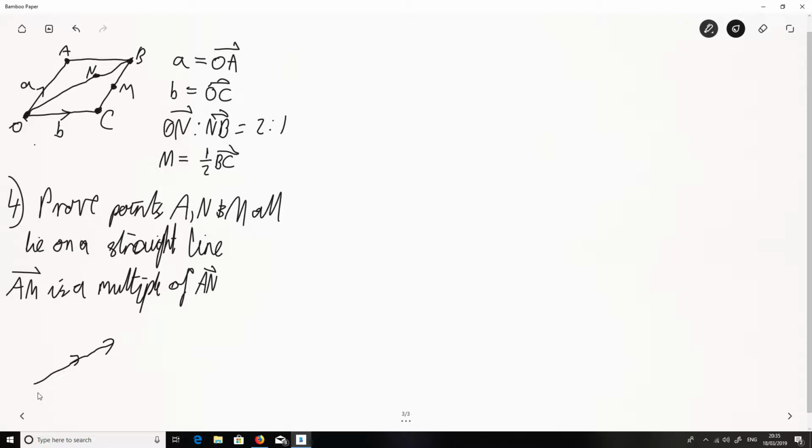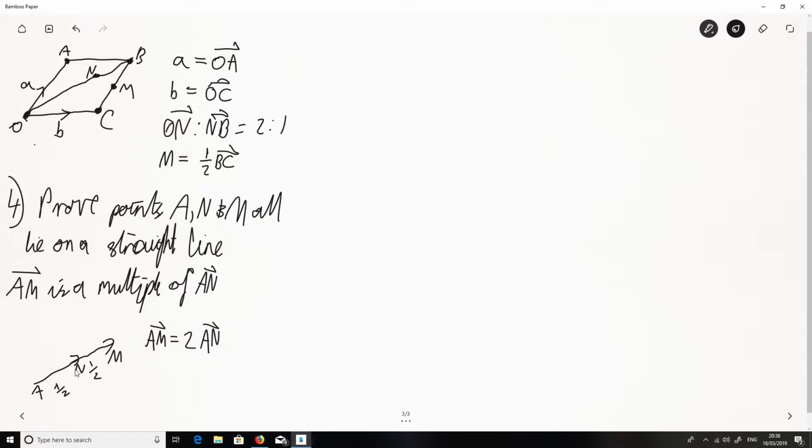So say, for example, this is A, this is N, and this is M. If we said, for example, this isn't the answer to the question, this is just an example, that AN is halfway through AM, that means that AM equals 2AN, because it's halfway across this.